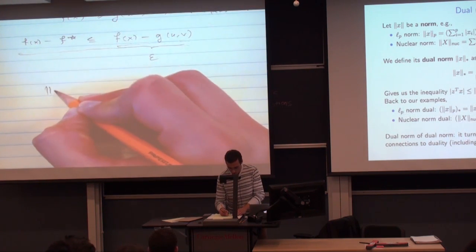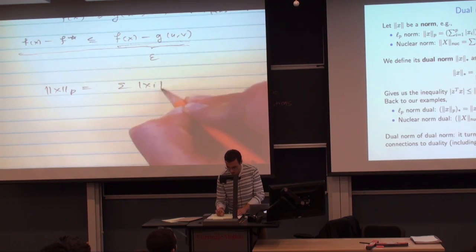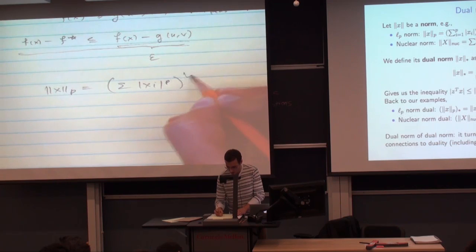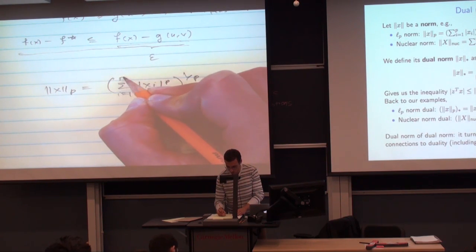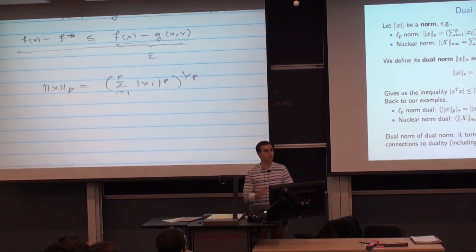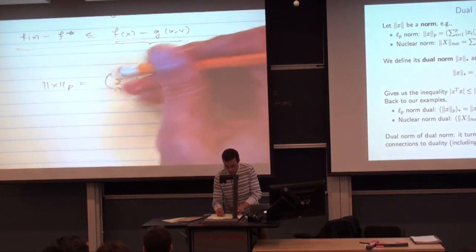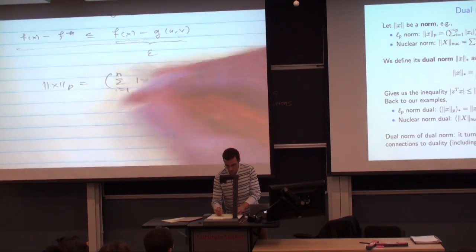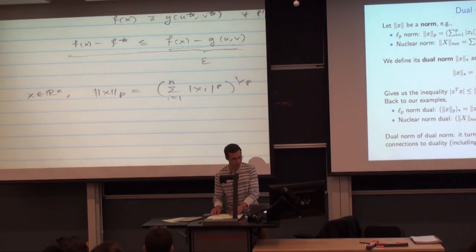So the Lp norm of x is, I take the pth power of each entry, and I add them up, and I take the 1 over pth power of that whole thing. That's an example of a norm, like, for example, p equals 1 is this L1 norm we've been talking about quite a bit. The sum goes to n, whatever the dimension of the vector is, if x is in Rn.